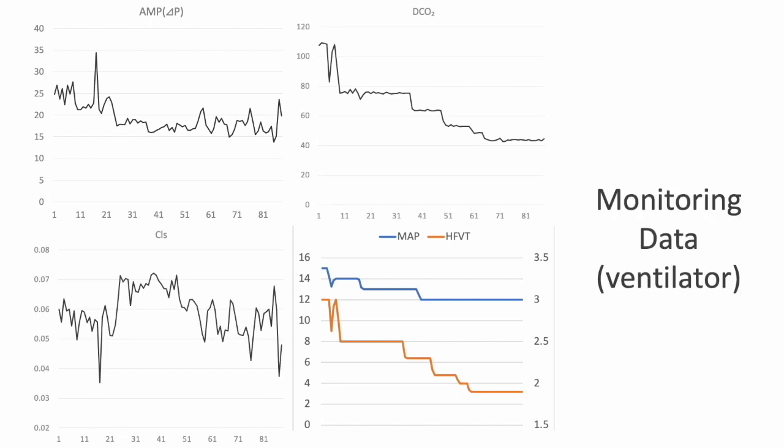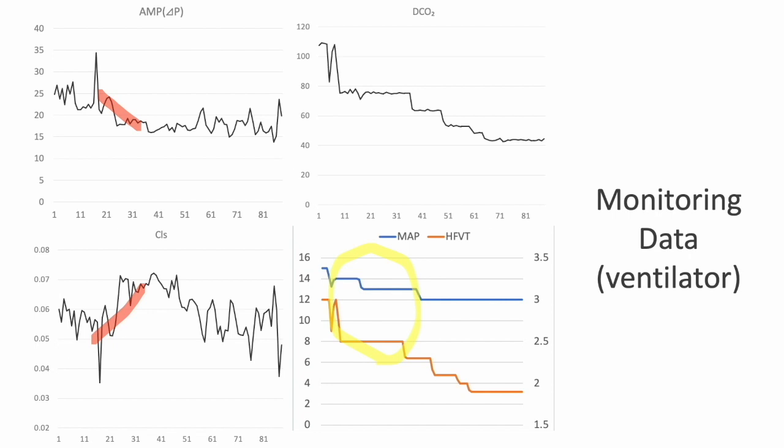Since this patient was ventilated on HFO with VG, the tidal volume is fixed, you know? We can observe nicely how the amplitude is gradually decreasing as compliance improves. Thus, the volume guarantee automatically reduces the pressure gradually so that the appropriate pressure can always be maintained.